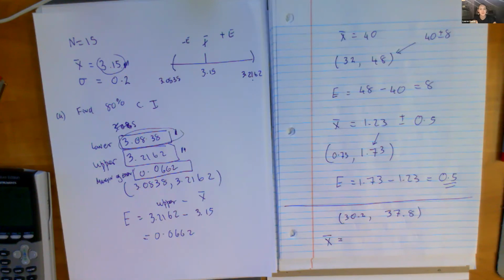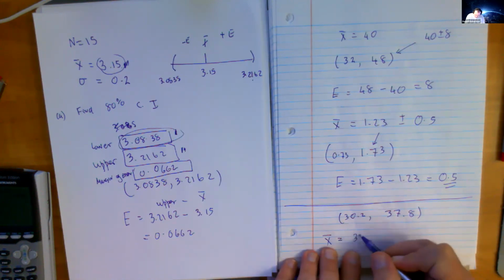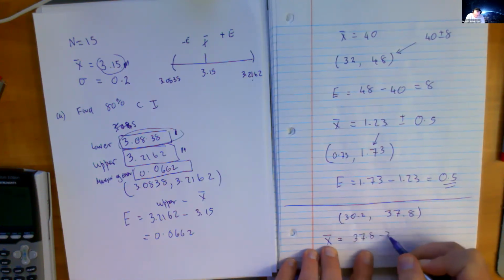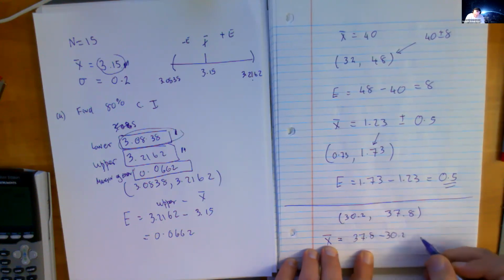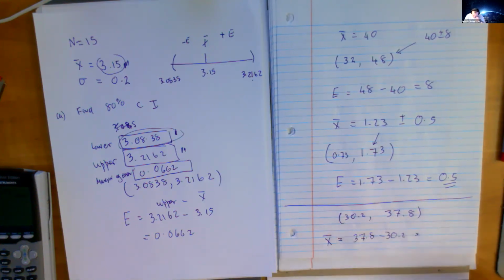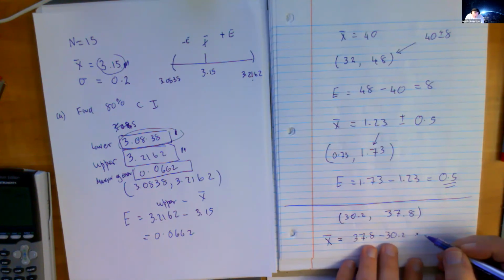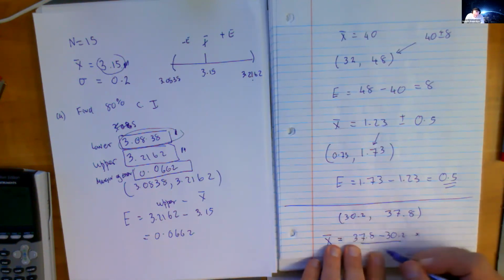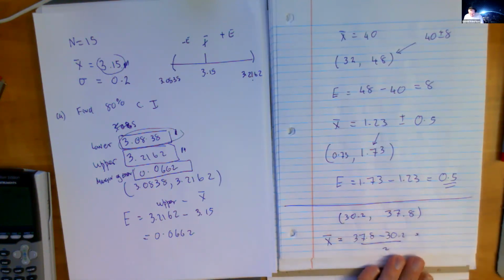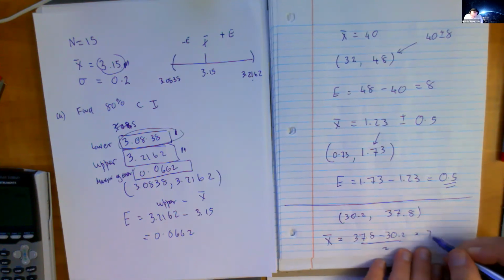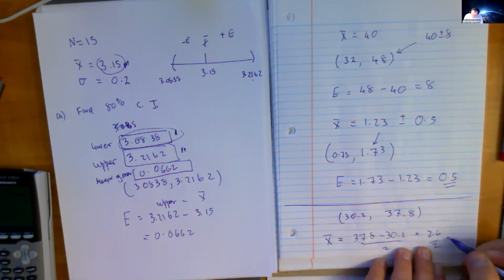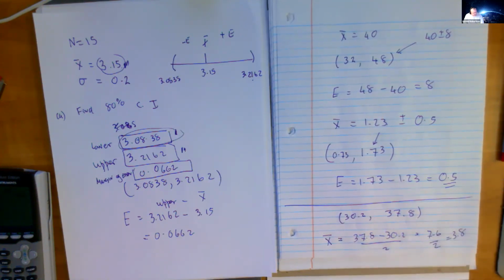Subtract the smallest number from the largest number and divide by 2. That sounds a pretty good idea. Do you all agree? So, big guy take away little guy. What does that come out to be? Well, if you take that guy and that guy and you divide by 2, you get 7.6 divided by 2, and you get 3.8. Does that look right?